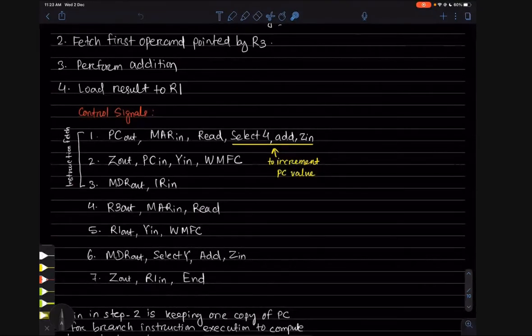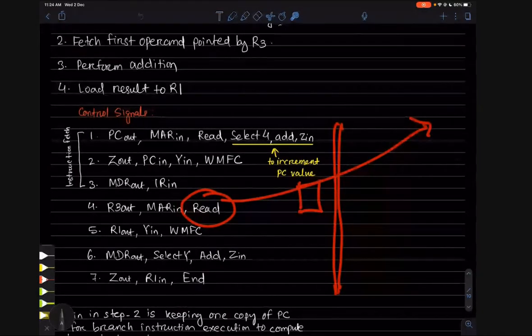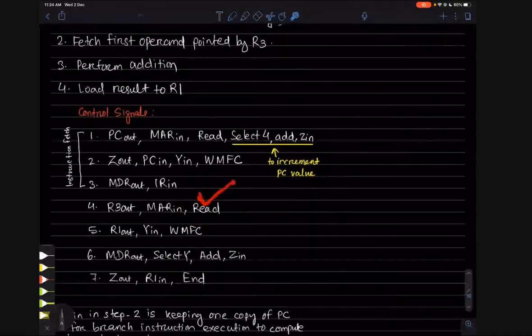So it will be done in a faster way. So in most cases, these micro instructions are executed in one clock cycle. So there is no delay.